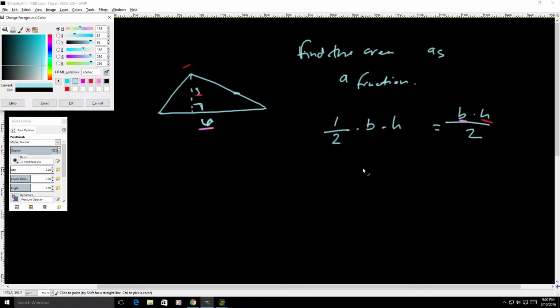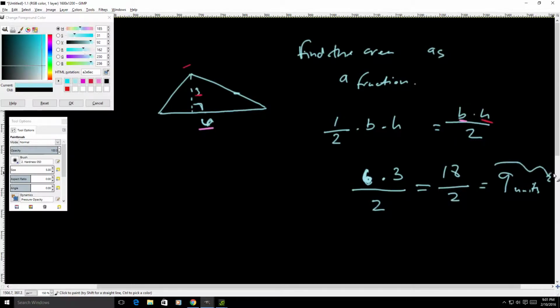The base is 6, times the height, which is 3, all over 2. So 6 times 3 is 18, divided by 2. The area of that triangle should be 9. They don't give us any units, so technically this should be 9 units squared. That is your answer, I hope.